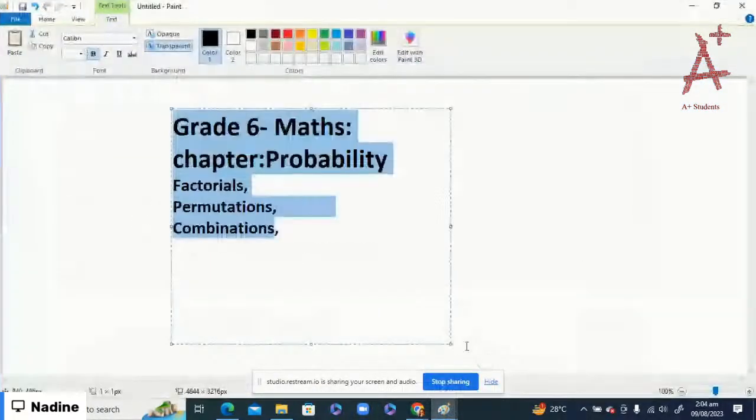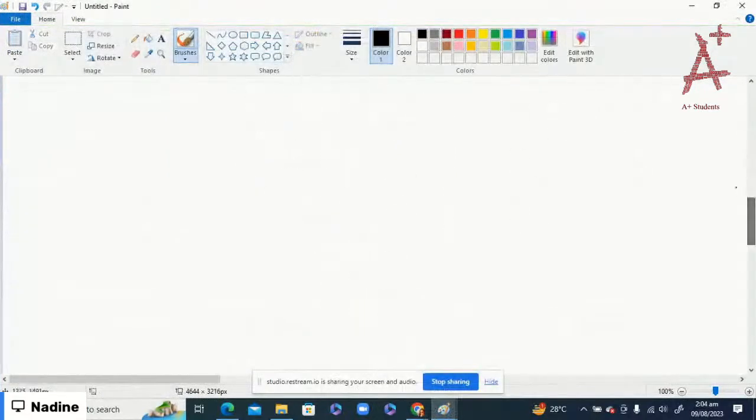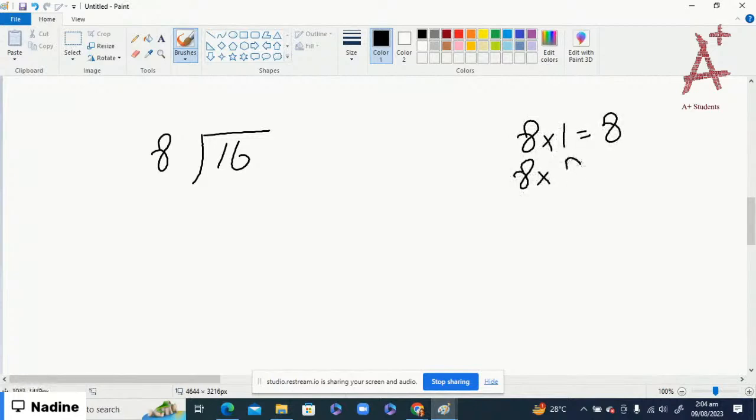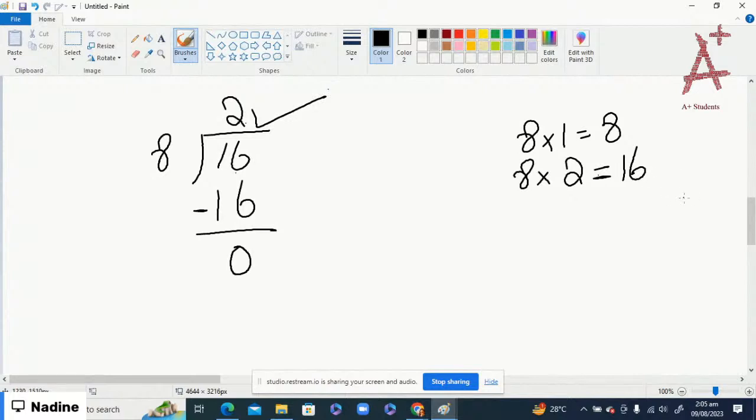Let's do it. 8 divided over 16. So 8 times which number is 16? So here 8 times 1 is 8. 8 times 2 is 16. So here 8 times 2, that we put on the top, 8 times 2 is 16, and when you subtract 16 minus 16 you get the answer 0. So here is your answer, that is 2.